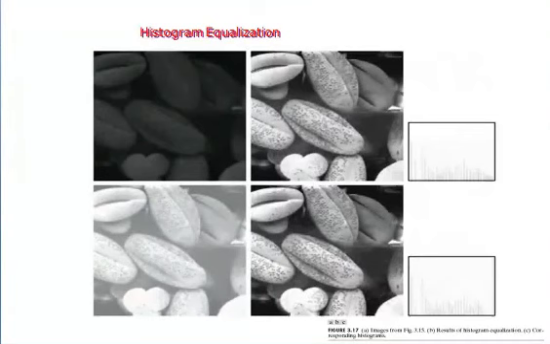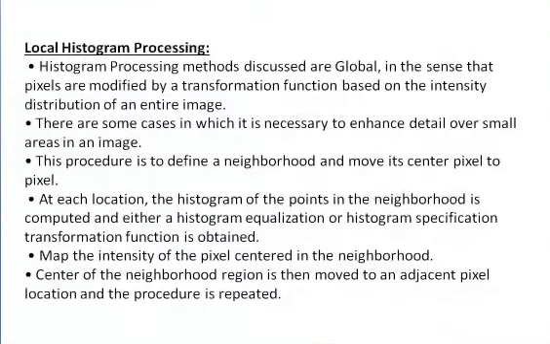Now coming to local histogram processing. Up to now we have observed global histogram processing. That means for the whole image we apply the histogram equalization equation, then you get the equalized histogram and a high contrast image.